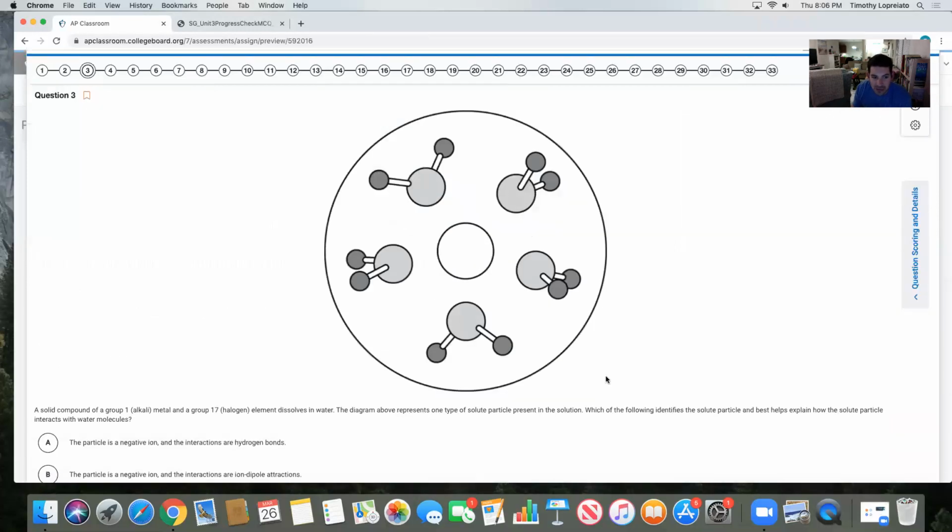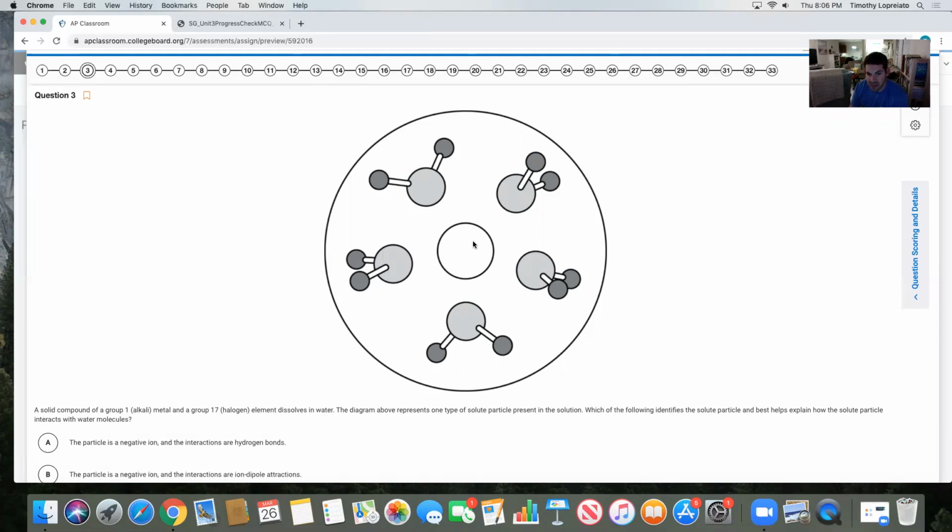All right, question 3. A solid compound of a group 1 alkali metal and a group 17 halogen element dissolves in water. The diagram above represents one type of solute particle present in the solution. Which of the following identifies the solute particle and best helps explain how the solute particle interacts with water molecules?